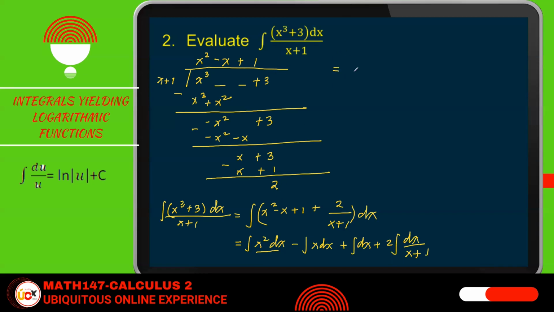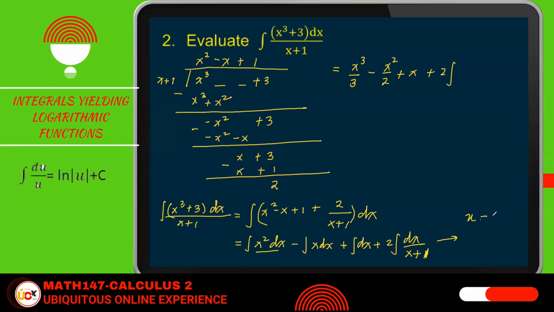The integral of x squared dx is x cubed over 3. Minus, the same for the second term, which is of the form x to the n dx, so the integral is x squared over 2. Plus the integral of dx using formula number 1, so we have x.